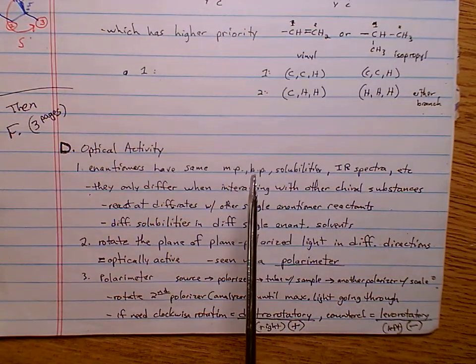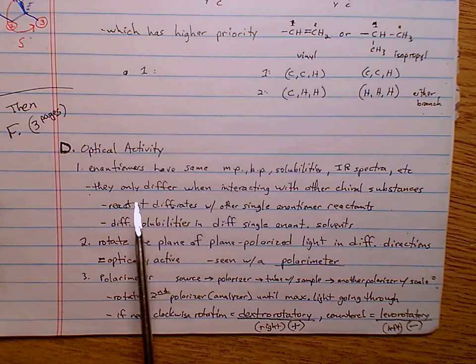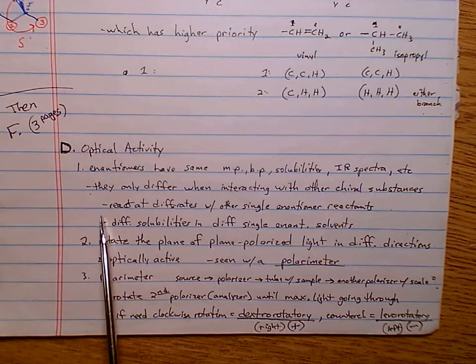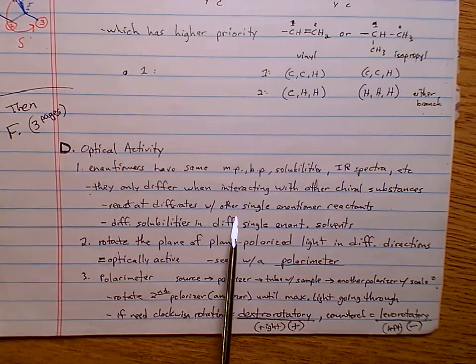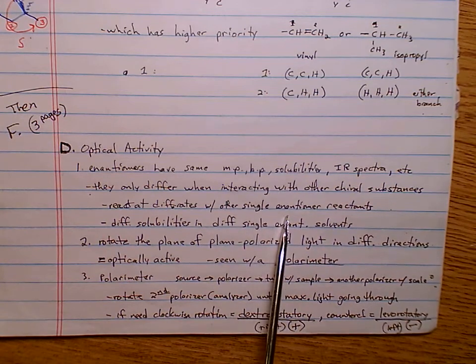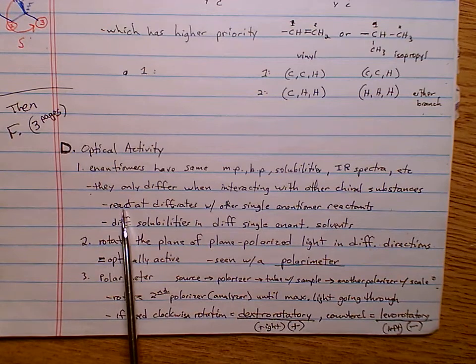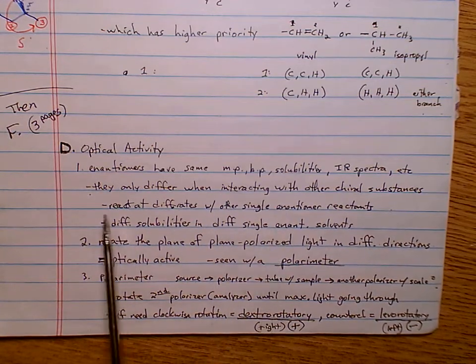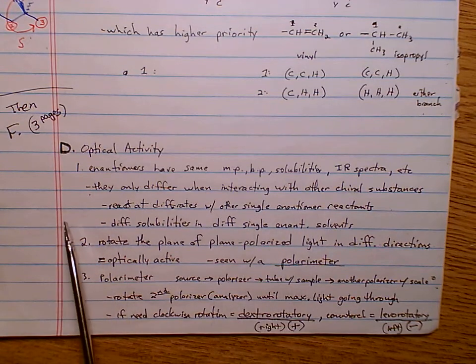There are only really two differences that we can measure between the two enantiomers. One, they react differently with other chiral molecules. So if you react R-2-butanol with a chiral molecule, it will react differently than S-2-butanol will.